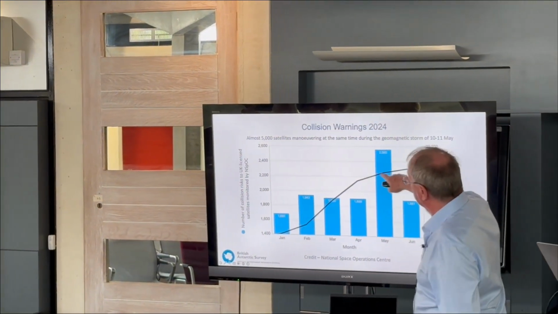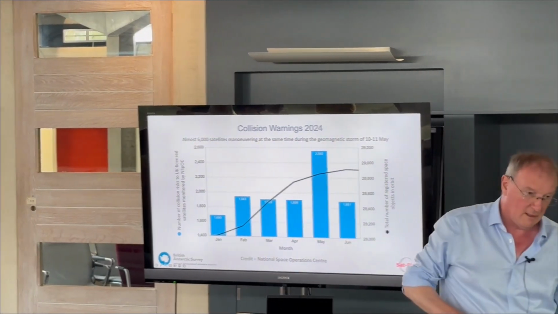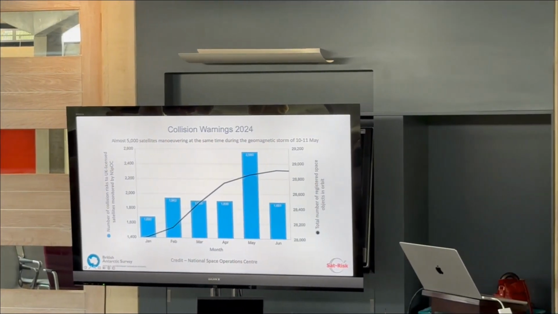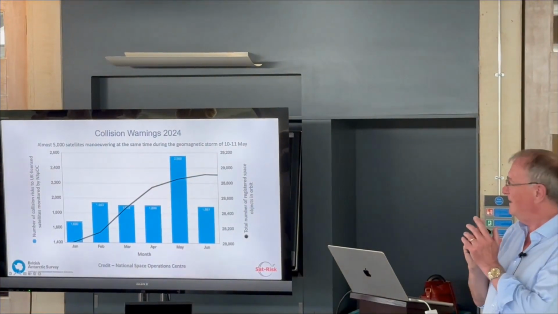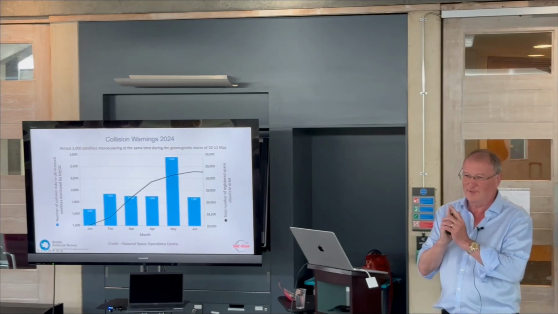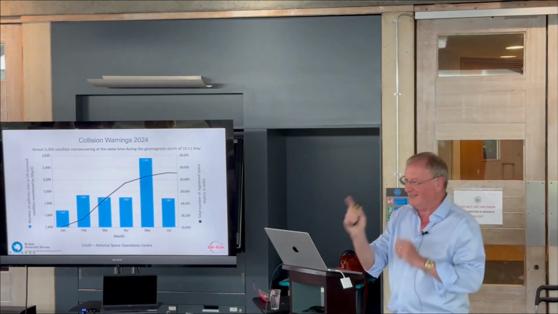During that storm, there were almost 5,000 satellites in low Earth orbit, mostly Elon Musk's Starlink satellites.